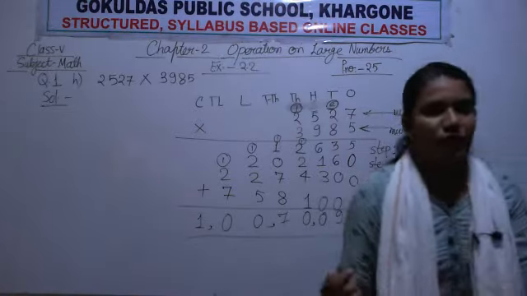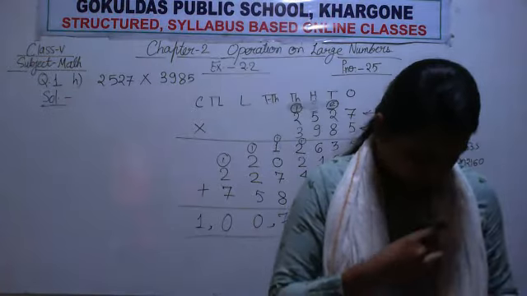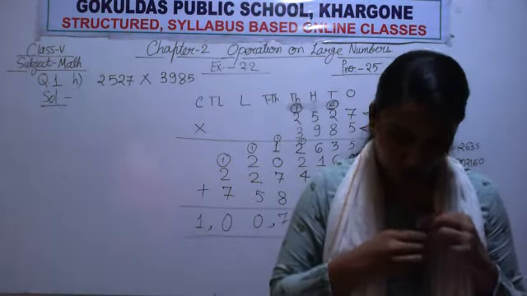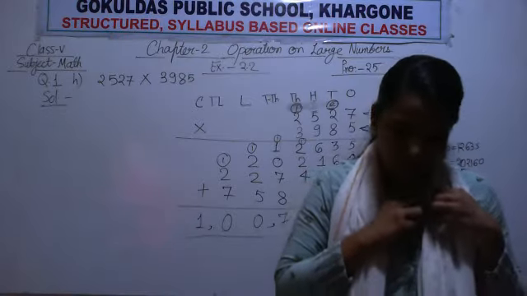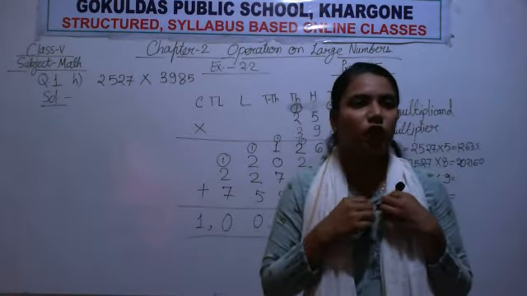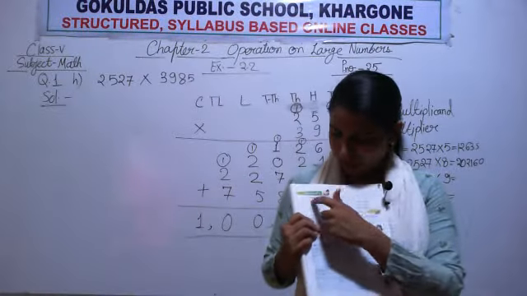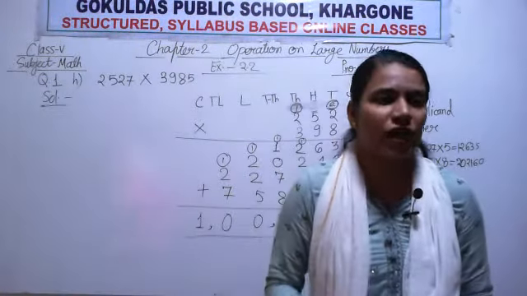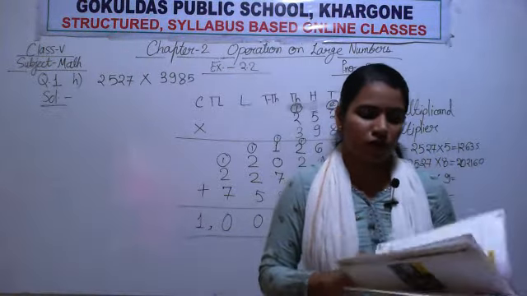The result of multiplication is called product. Okay, the remaining questions were homework for you, right? I hope you have done them. After doing the multiplication of question 1, all the multiplication from A to I, check your answers from the backside of your notebook.